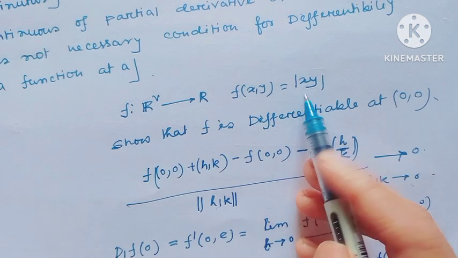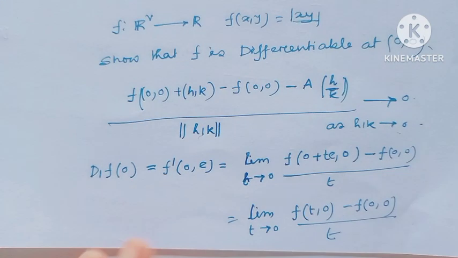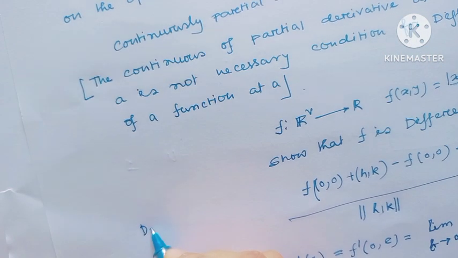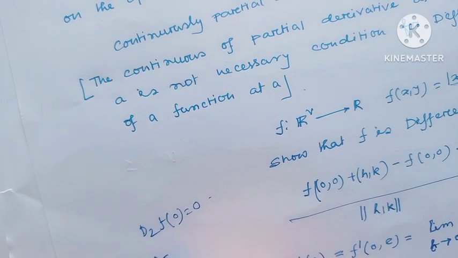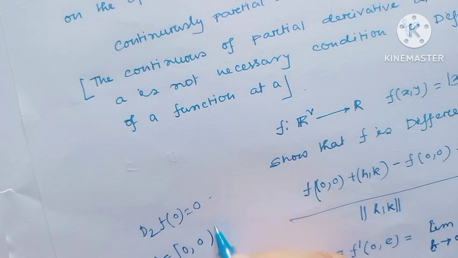If you put f of (t, 0), this would be 0, so this value would be 0. Similarly, D2 f of 0 equals 0. That means the matrix A is actually (0, 0).